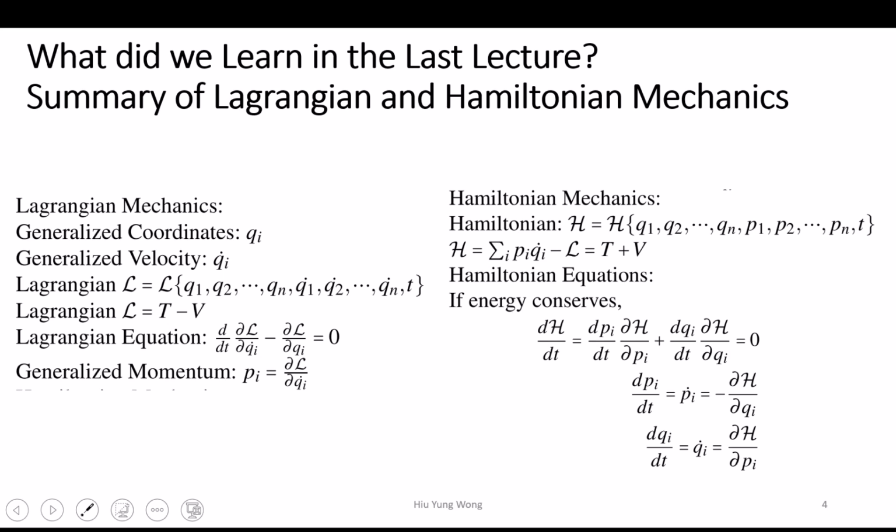Otherwise, just take it for granted, like how you learned KCL and KVL at that time, right? The Hamiltonian, again, is an expression, but instead of using coordinates and velocity as the independent variables, it uses coordinates and momentum as the independent variables.